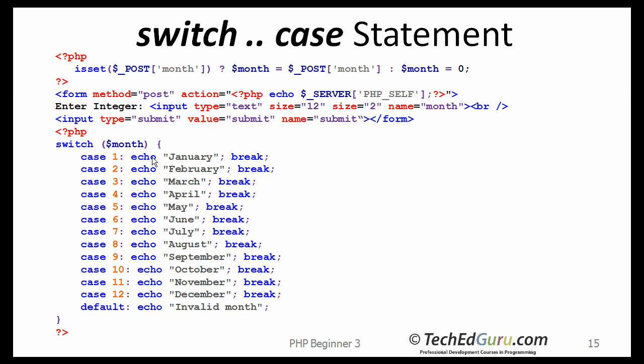And if you entered a number outside of this range, 1 through 12, it'll go into the default clause. This is like the else clause under the if statement. And it'll say that you entered an invalid month. You entered a number outside of the range of 1 through 12.